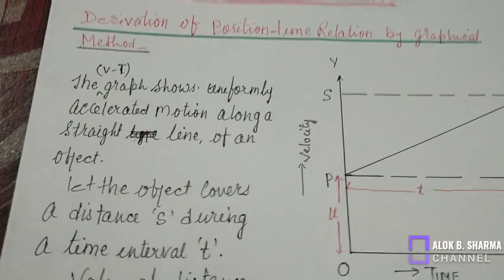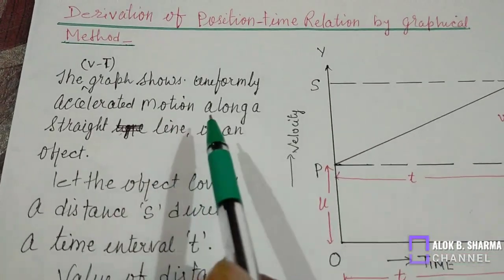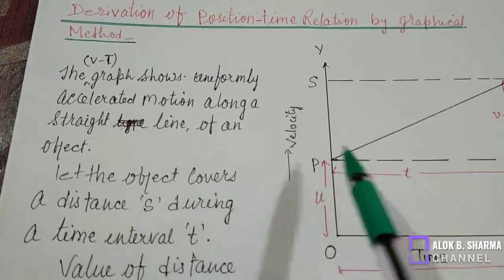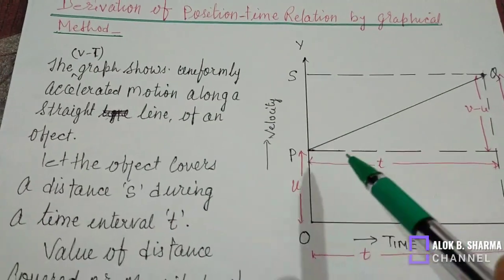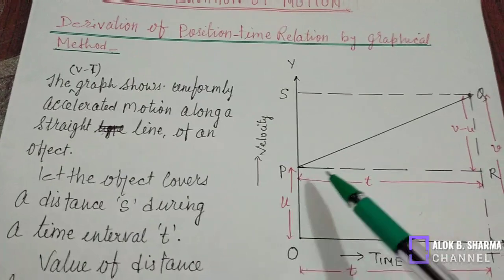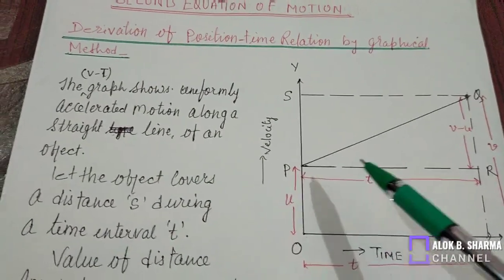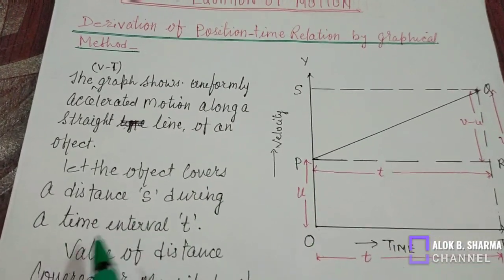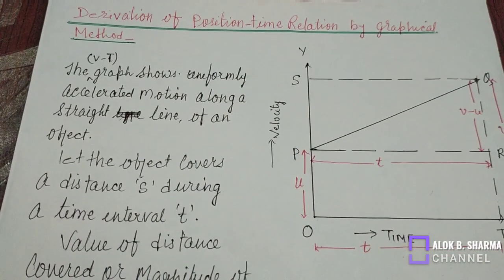So let us write some statements here. The velocity time graph shows uniformly accelerated motion along a straight line of an object. Let the object cover a distance s during time t.